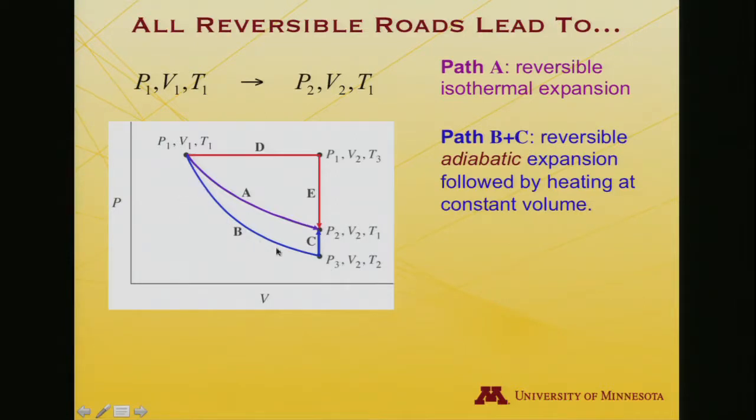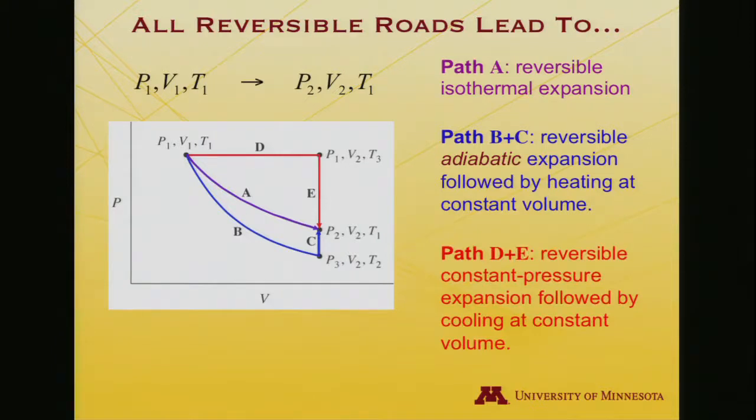Path B will be a reversible adiabatic expansion. I'll define what adiabatic means momentarily. And then once I get to my final volume V2, I'll be at a lower pressure. I'm going to heat it until it gets to the desired higher temperature. And so that is a higher pressure, a heating at constant volume.